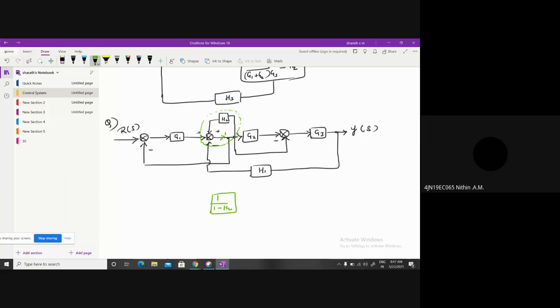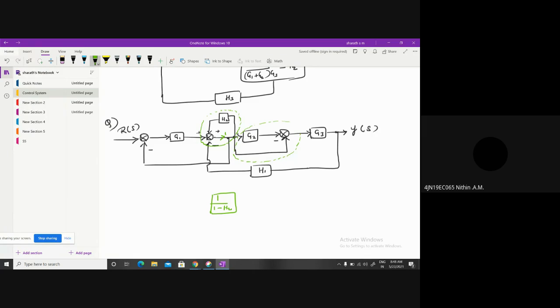Sir, G2, the signal below. Sir, there is a forward path here below G2. Yeah, what's the equation for this?